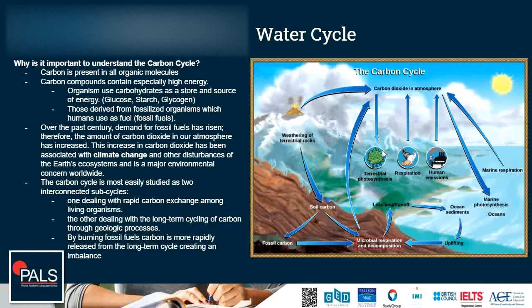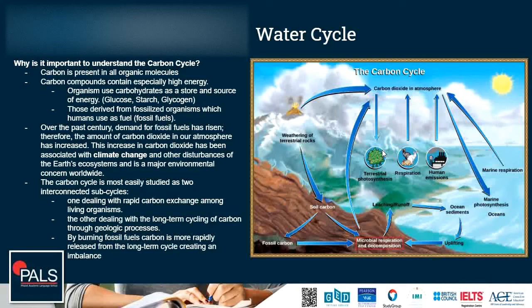So carbon is present in all organic molecules. That's why it's very important. We are carbon-based life forms. Carbon is the element which forms the backbone of all the organic molecules. Carbon compounds contain especially high energy. This is important for two things.